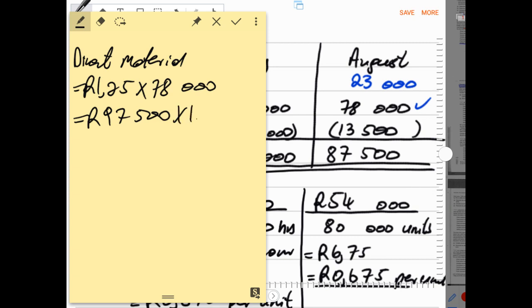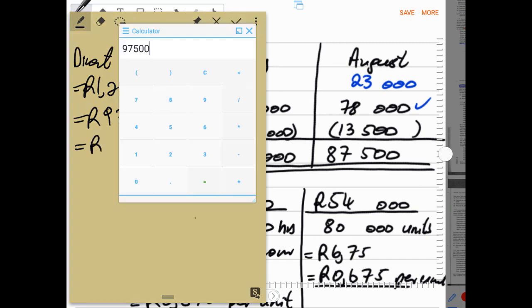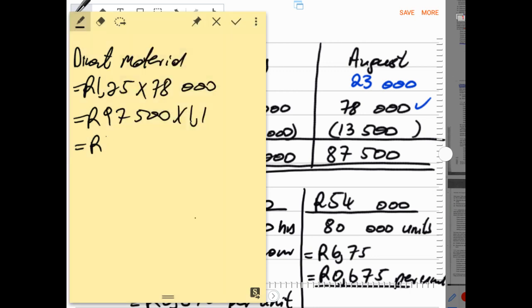We say times 1.1, where we are increasing the total direct material by 10%. Therefore, times 1.1 gives us 107,250. So this will be the increased total direct material for the month of August. And we divide that by the number of units that were manufactured, 78,000.